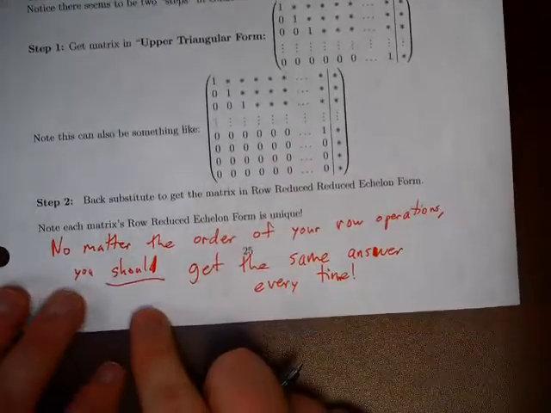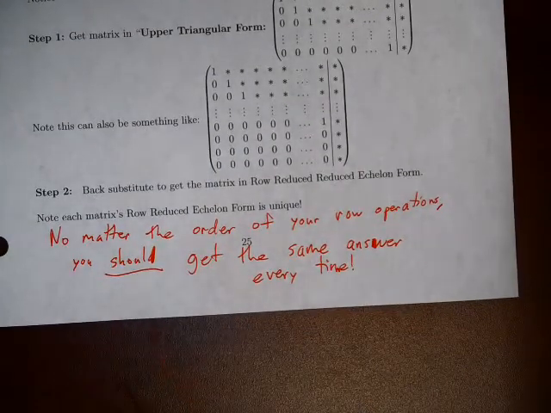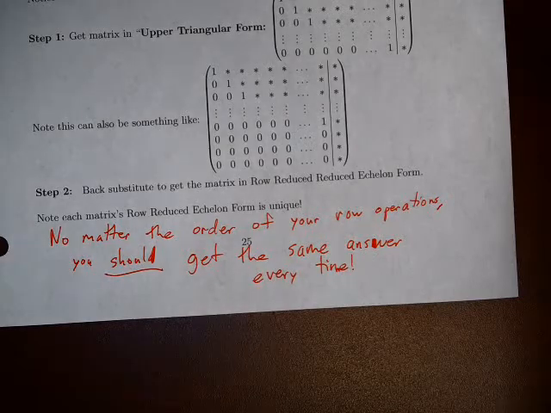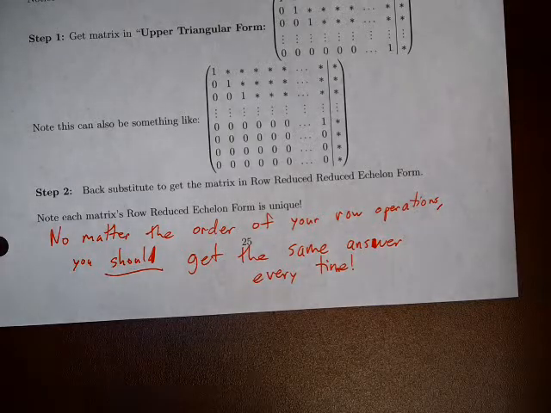Now the reason I underline should is it's very easy, especially when you first start off with Gaussian elimination, to make some minor algebra mistakes. So be patient. If you tried something on your own and you make some mistakes and you don't get the same answer, even though you don't use the same order that maybe I use in the video, it's kind of easy to make little tiny mental math mistakes.